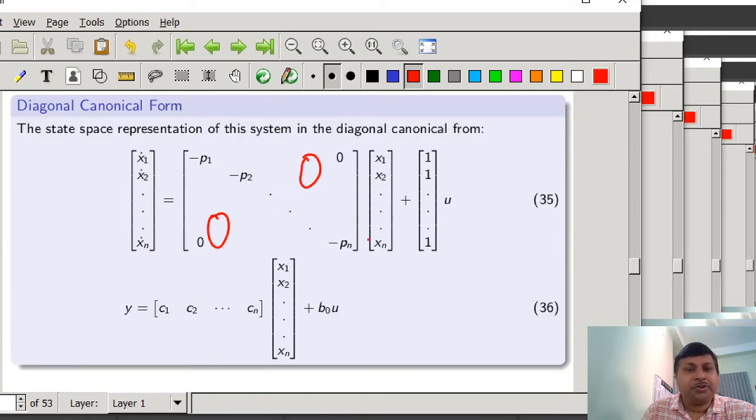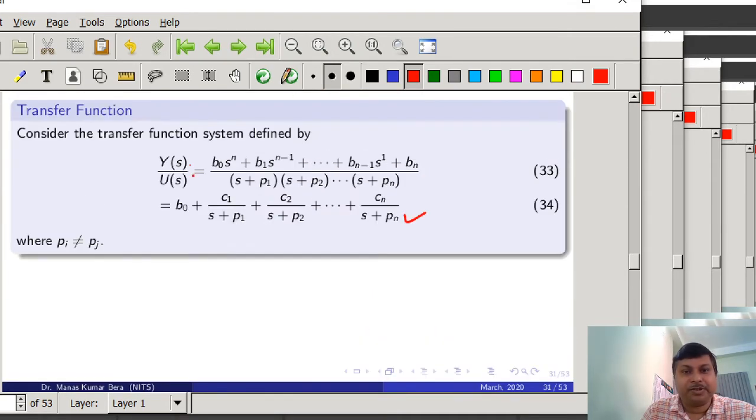Now the question is how we get this representation from the transfer function. First our intention is to draw the block diagram, and from the block diagram we will identify the state variables. When you draw the block diagram, you have to start from the input and end with the output.